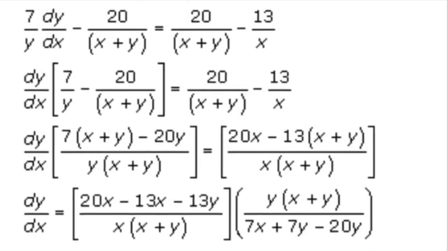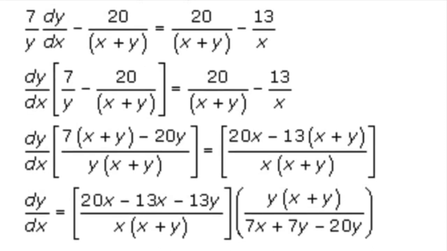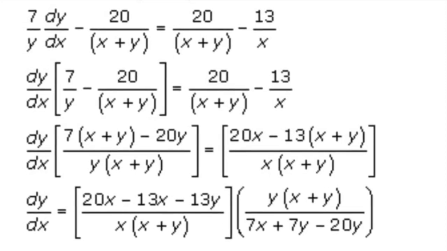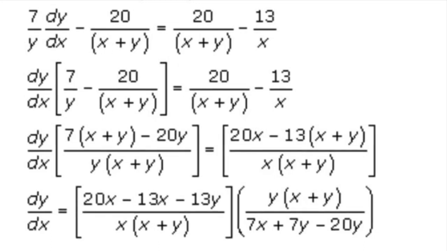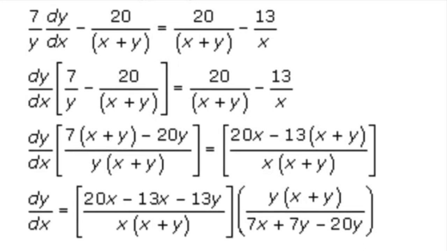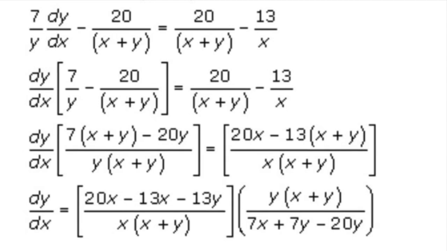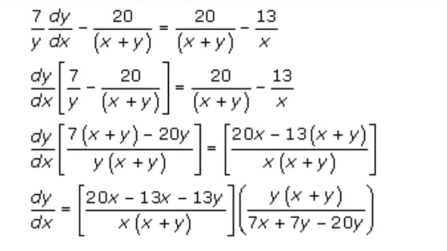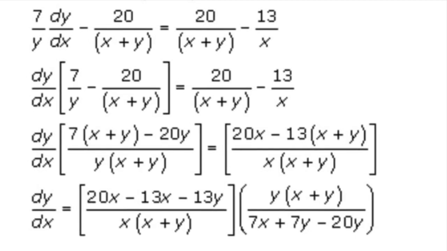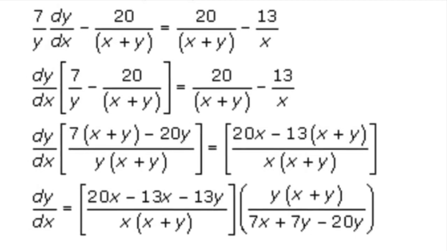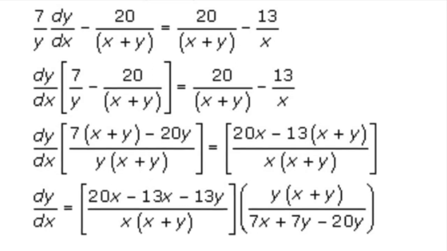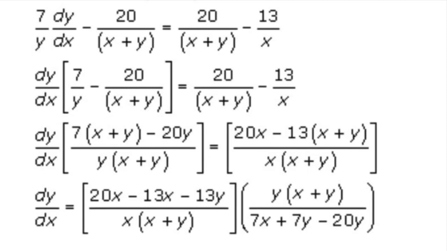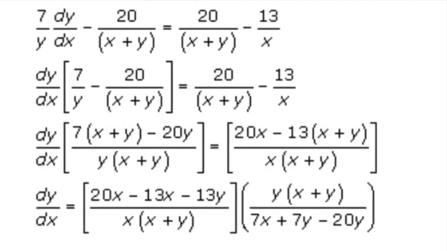Now we are going to transfer the entire bracket of the left hand side to the right hand side. So we'll get dy by dx equals to 20x minus 13x minus 13y upon x into x plus y, into y into x plus y upon 7x plus 7y minus 20y.